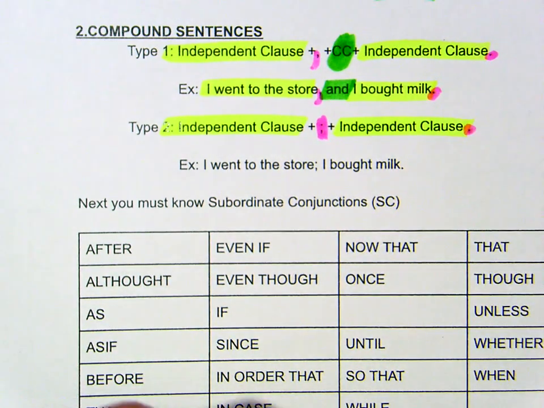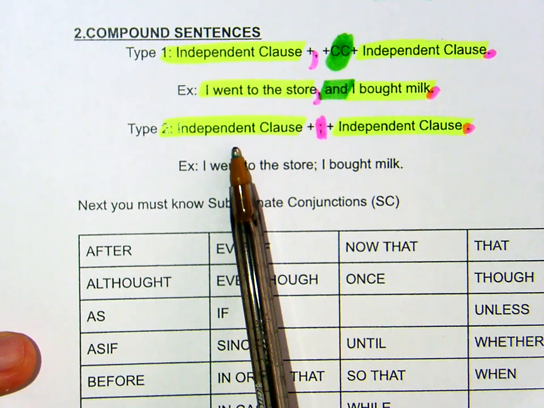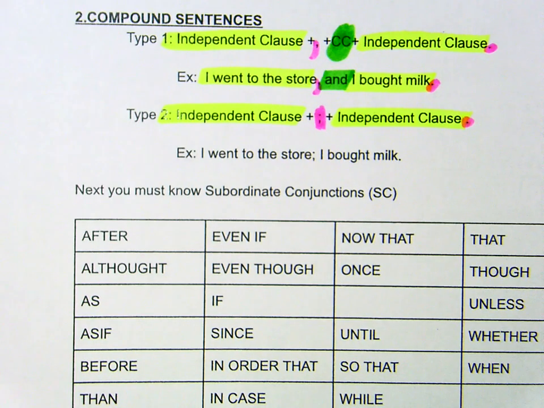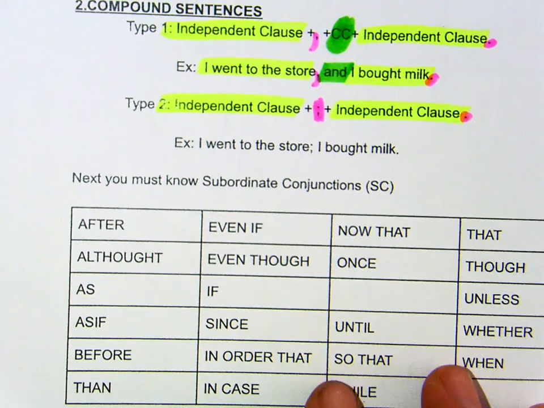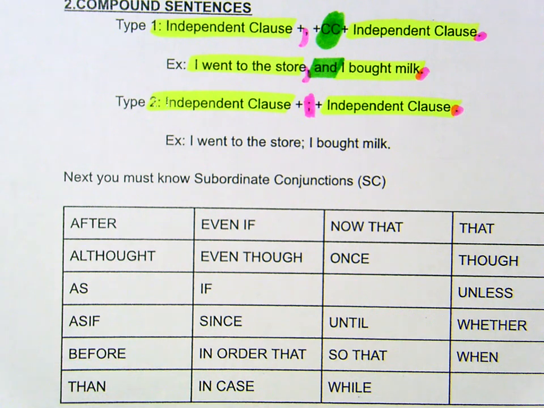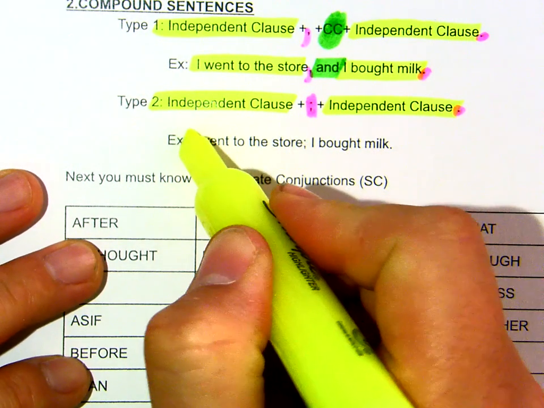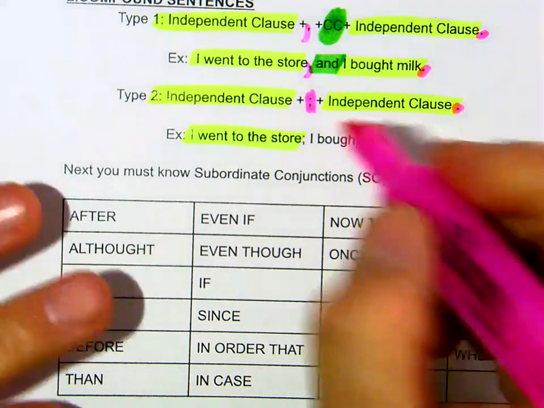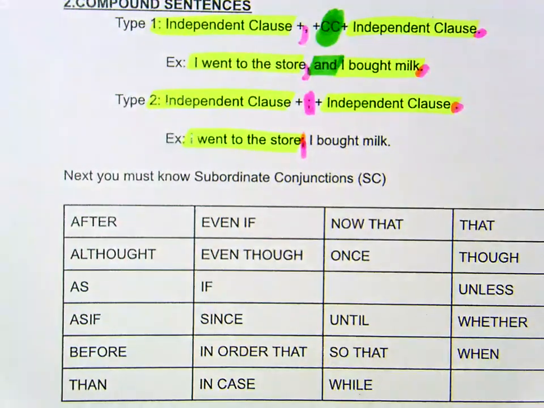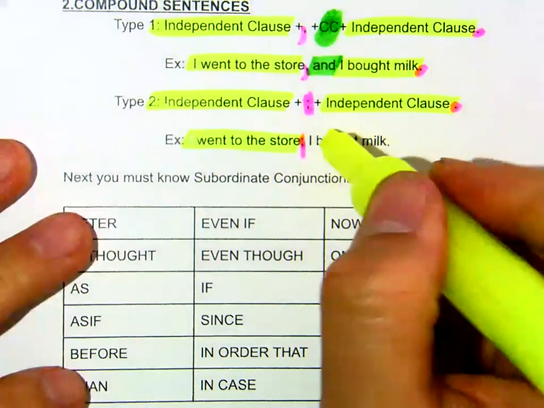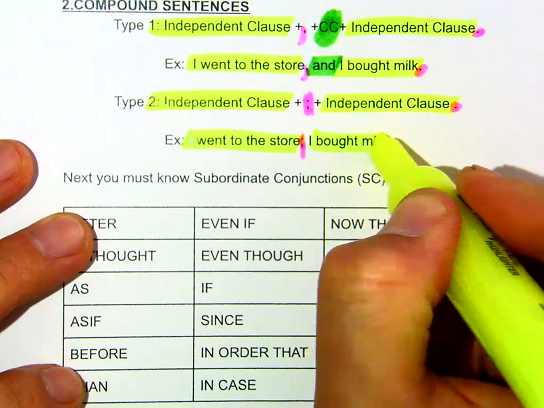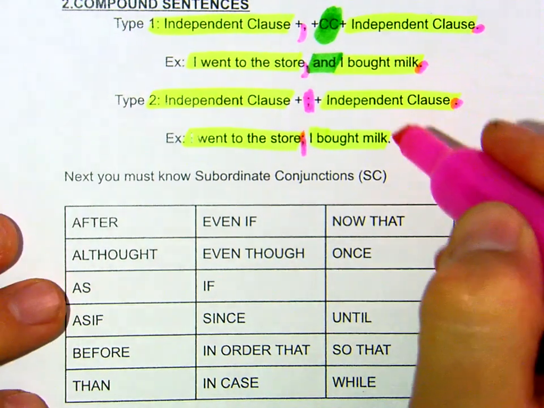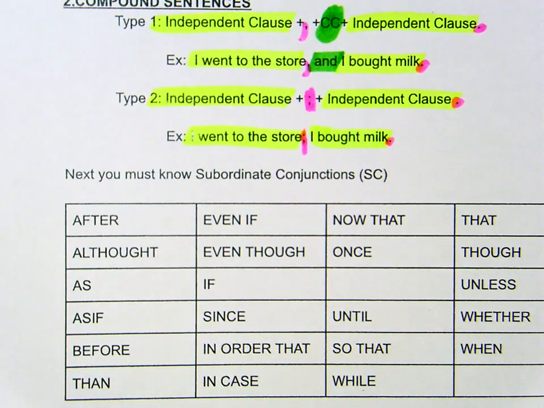So what you have is an independent clause, a semicolon, another independent clause, and a period. If you wrote it out in an actual sentence, you would say, I went to the store; I bought milk. So basically, the semicolon is being used just like you would use the word and to join them together. Period at the end.